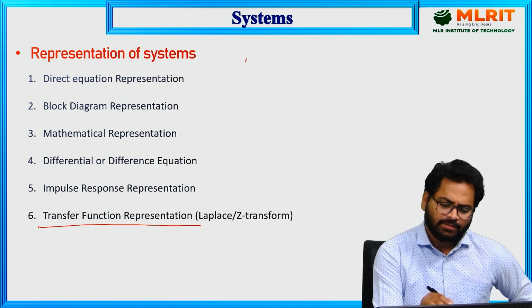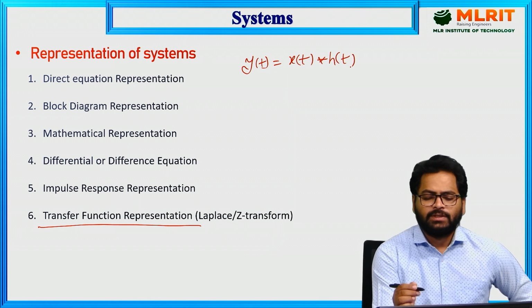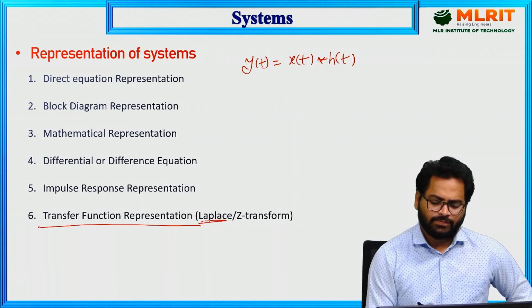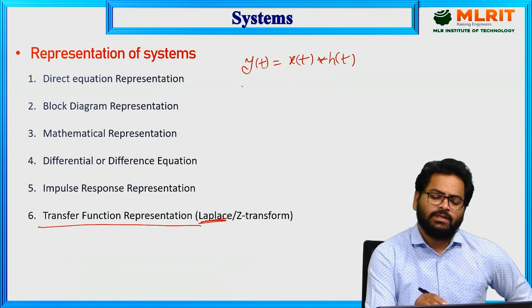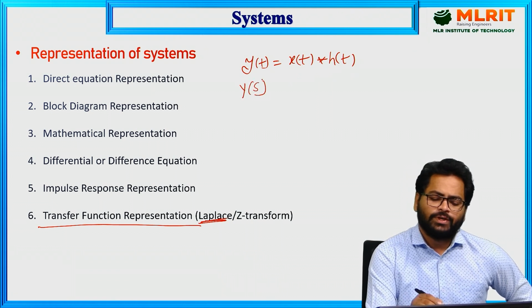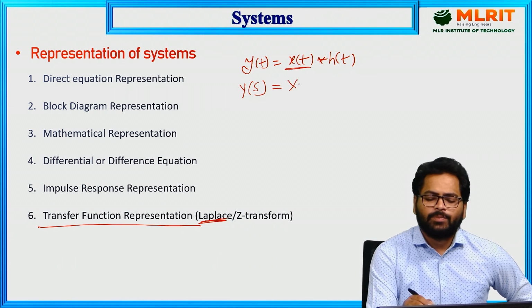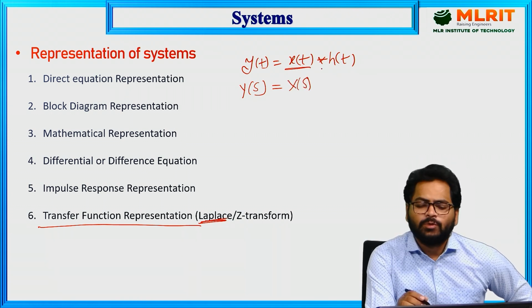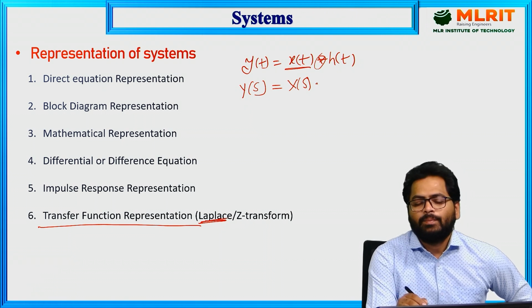See, if I write the time domain continuous signal y of t equals x of t convolution with h of t, I am trying to represent it in terms of a Laplace transform. If I apply the Laplace transform, y of t becomes Y of s, which is nothing but x of t's Laplace transform, capital X of s. In time domain, if it is convolution, in frequency domain it behaves as a multiplication.